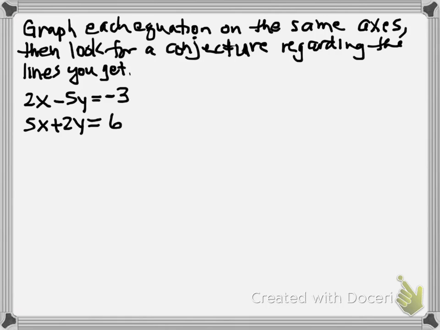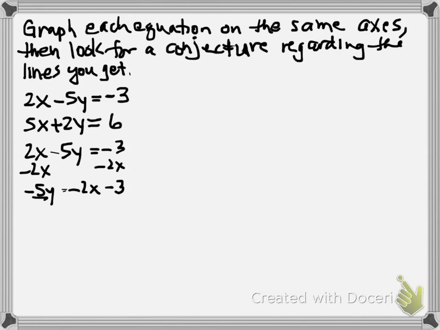So I'm going to go ahead and take each one of these and put them into slope-intercept form, so I can graph more easily. Now what's a little weird on this one is I'm going to get a y-intercept that is a fraction. Two negatives make a positive slope of 2/5 x, and two negatives make a positive y-intercept of 3/5.